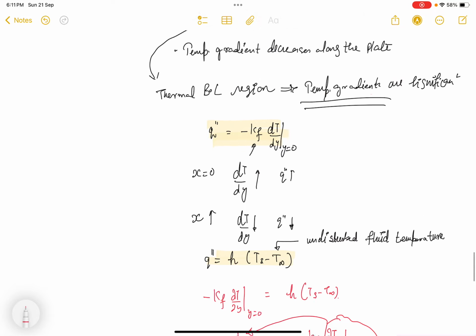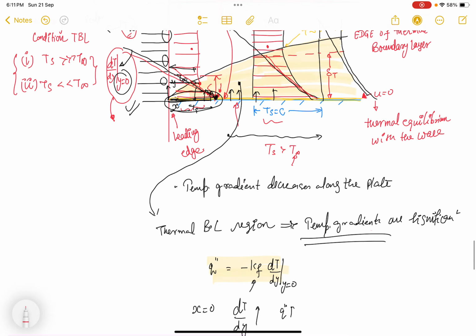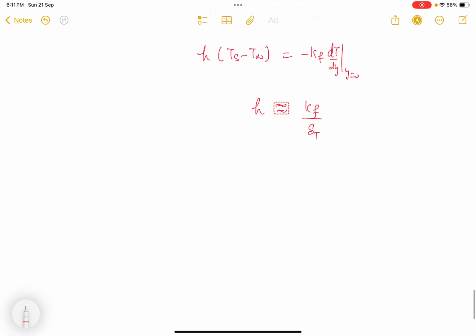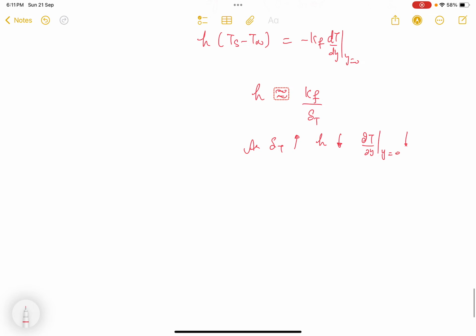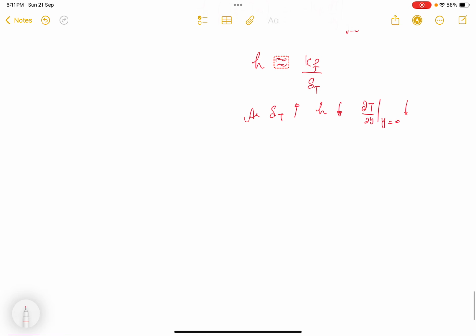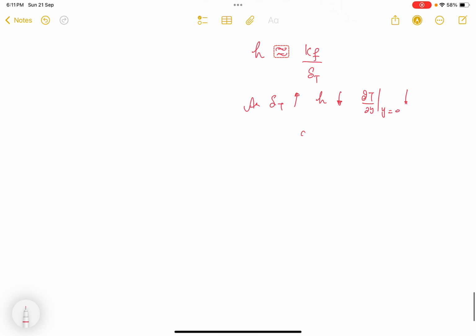So as we can see from here also, as we are moving along the length, delta is increasing. So as delta increases, boundary layer thickness increases along the plate, the heat transfer coefficient is going to decrease. And also temperature gradients are decreasing along the length of the plate, which will result in lesser heat flux.